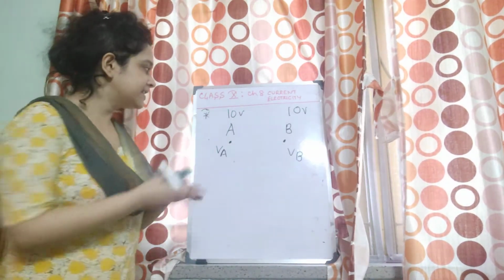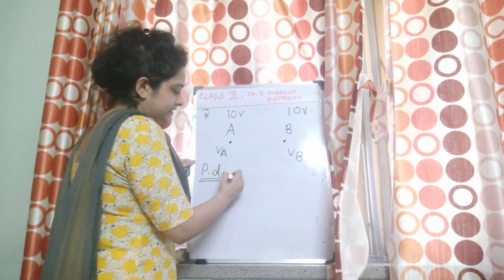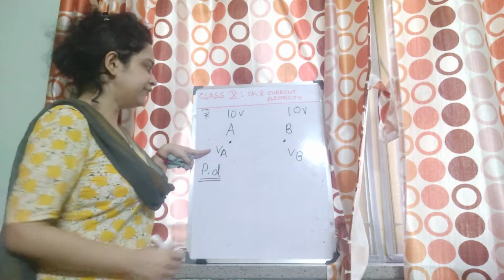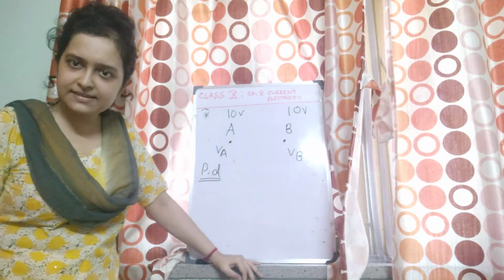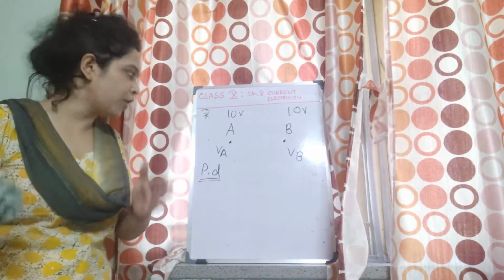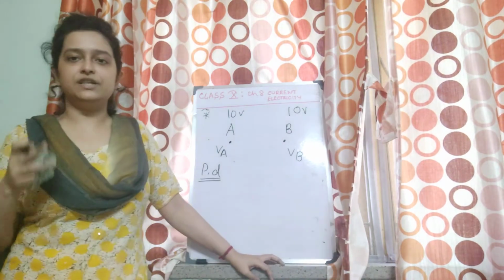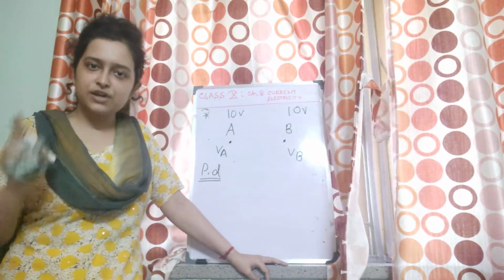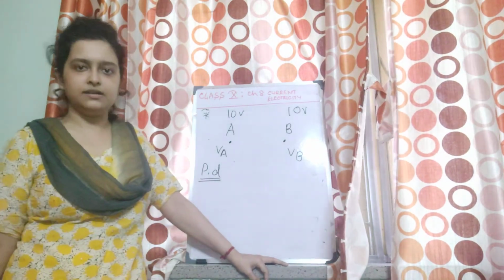So, we can define the potential difference between 2 points of a conductor, you may say, or of a wire, whatever it is. Potential difference between 2 points is defined as the work done per unit charge in bringing the charge from one end of the conductor to another end of the conductor.